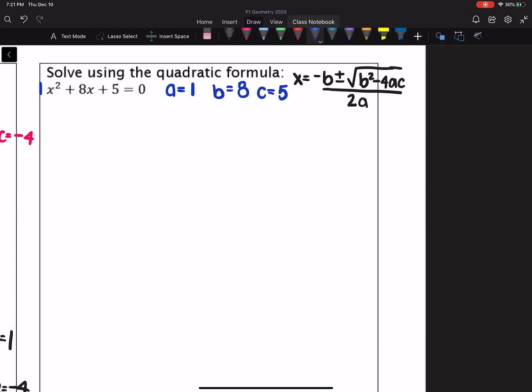Once we know our a, b, and c value, we can use our substitution property and substitute those values into our quadratic formula.